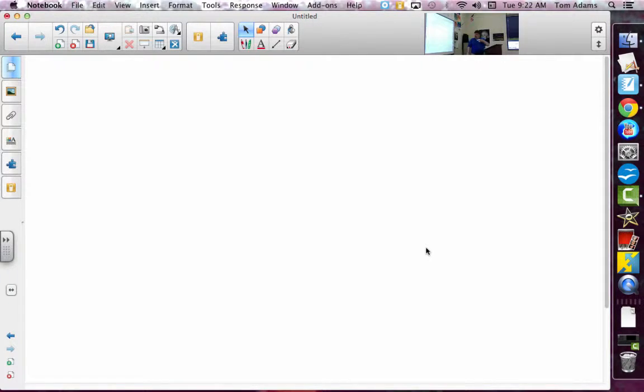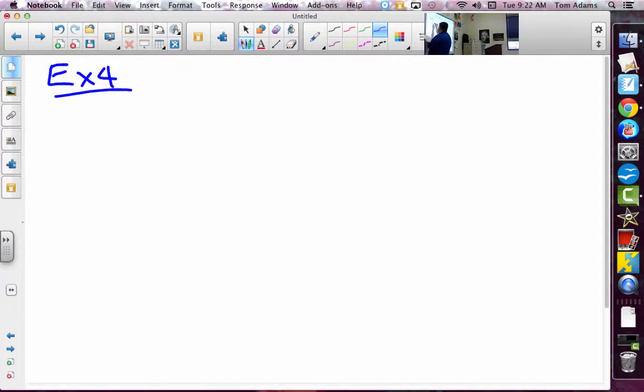All right, so for example number 4, this is where it gets tricky. They want us to integrate a somewhat complicated function, and these are usually going to be rigged up, all right? So keep that in mind. They want us to find the antiderivative, or the indefinite integral, of sine of x times e to the cosine of x.